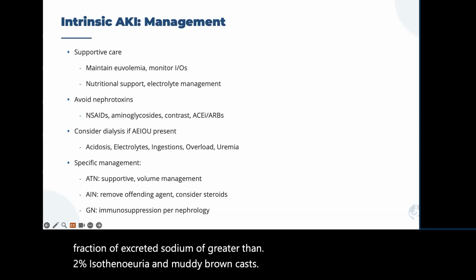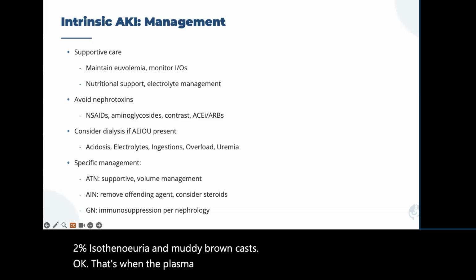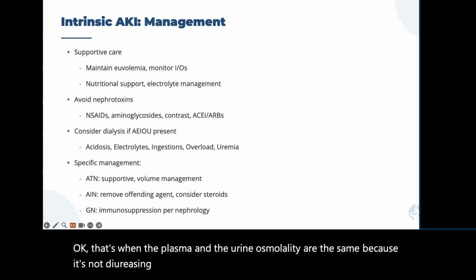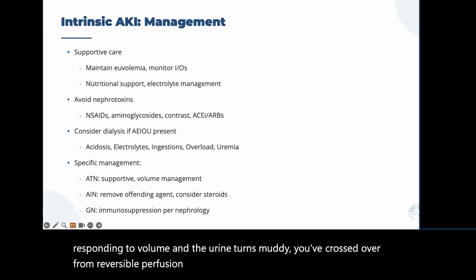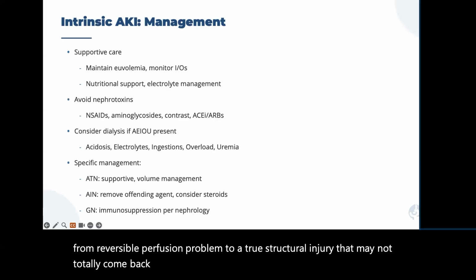Okay, that's when the plasma and the urine osmolality are the same because it's not diuresing or filtering. Always remember that if the kidney stops responding to volume and the urine turns muddy, you've crossed over from reversible perfusion problem to a true structural injury that may not totally come back and may progress if you don't fix it.